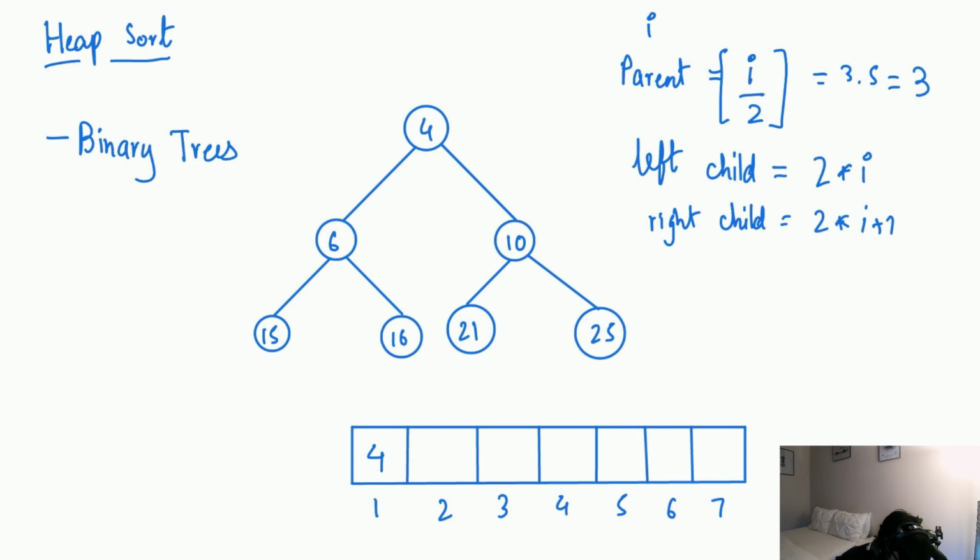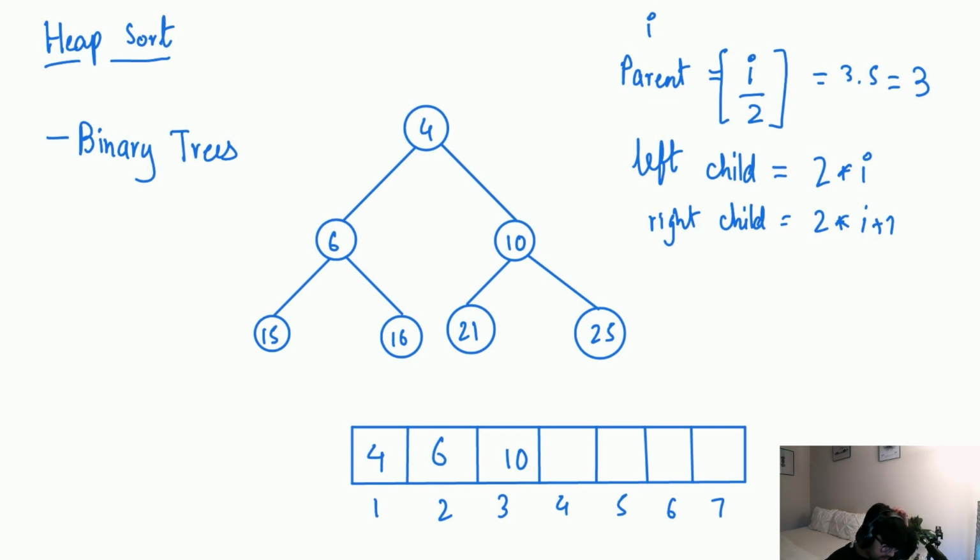So starting at the root node, we have 4. The left child for 4 is 6, which is going to be at 2 into I, which is 2 into 1, at position 2. So we fill up 6 over here, and the right child is going to be 2 into 1 plus 1, which is 3, which fills up 10.